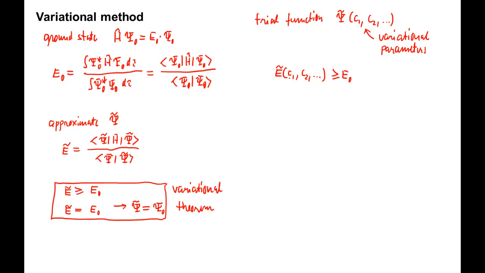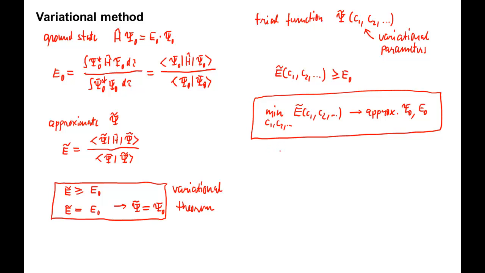If we optimize each parameter so as to minimize the energy E tilde on the left, we will get as close as we can to the exact ground state energy E0, and we'll have an approximate solution for the Schrödinger equation. So, we take an adjustable wave function and minimize its energy E tilde with respect to the variational parameters C1, C2, and so on, to obtain an approximate ground state wave function psi 0 and an approximate ground state energy E0.